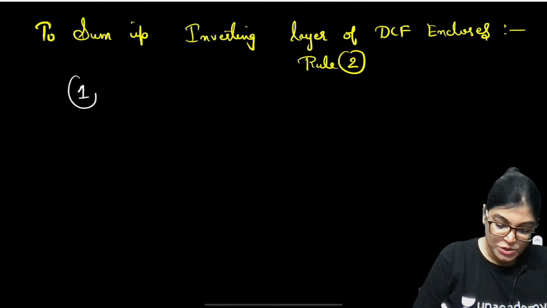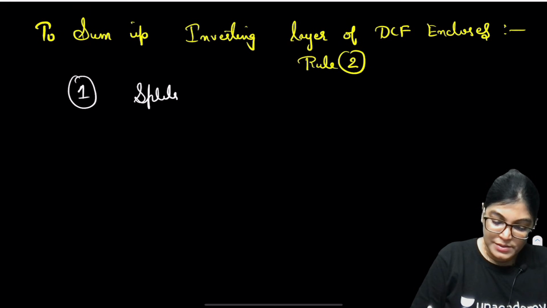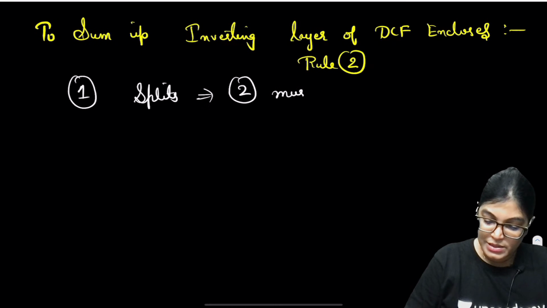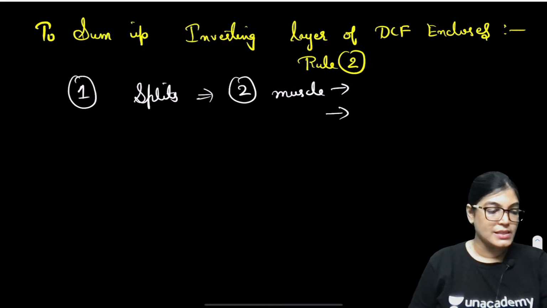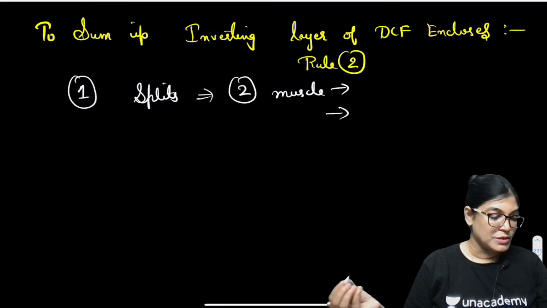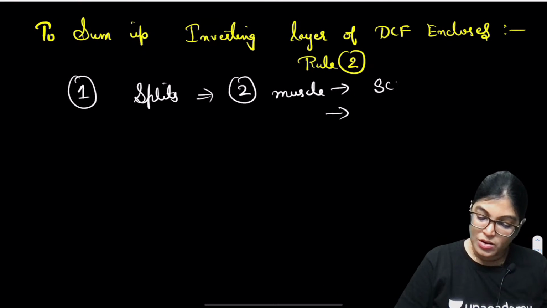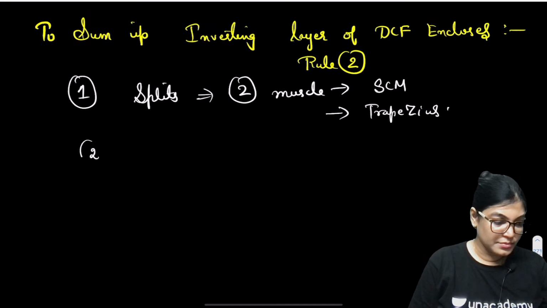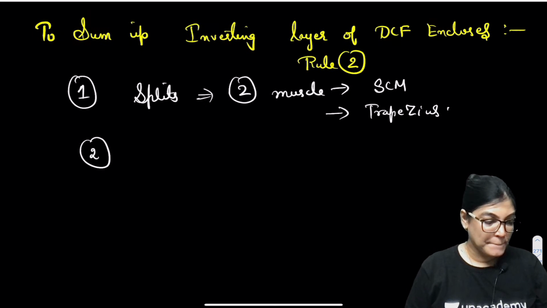So, you must be knowing, it splits to enclose two muscles. What are they? Anyone remembers the two muscles enclosed by the investing layer of deep cervical fascia? Sternocleidomastoid and trapezius muscle. Got it?